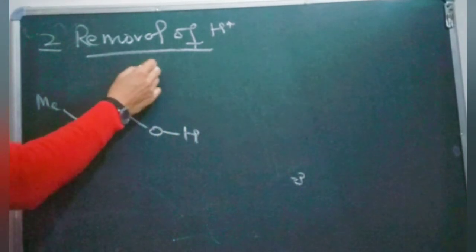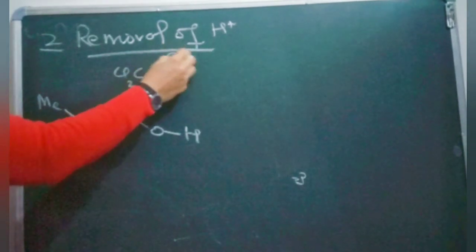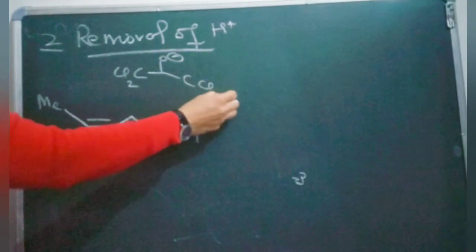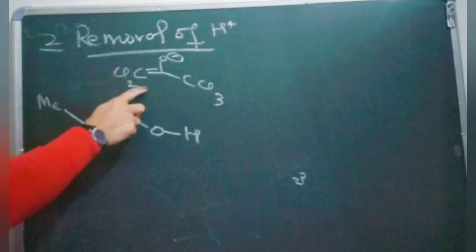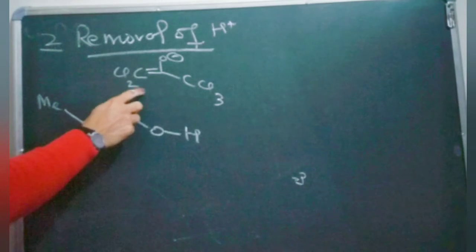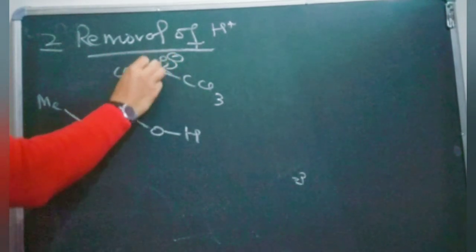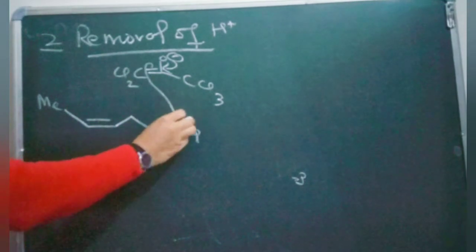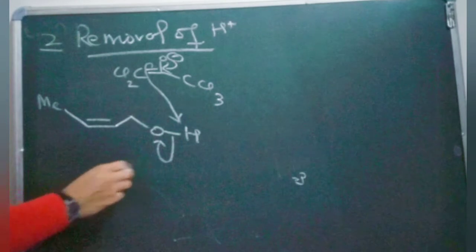Okay, see, CCl2, O negative, and CCl3. Sorry, double bond is also here. We are having here carbanion. This carbanion will remove the proton. This will help in the removal of proton.